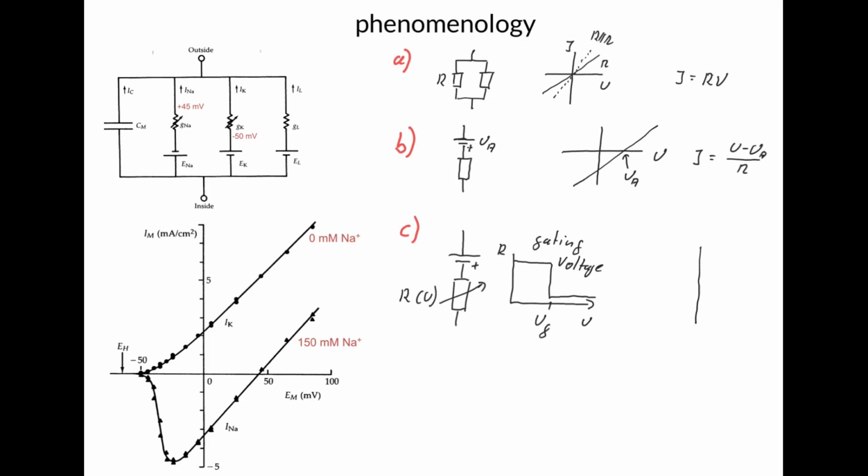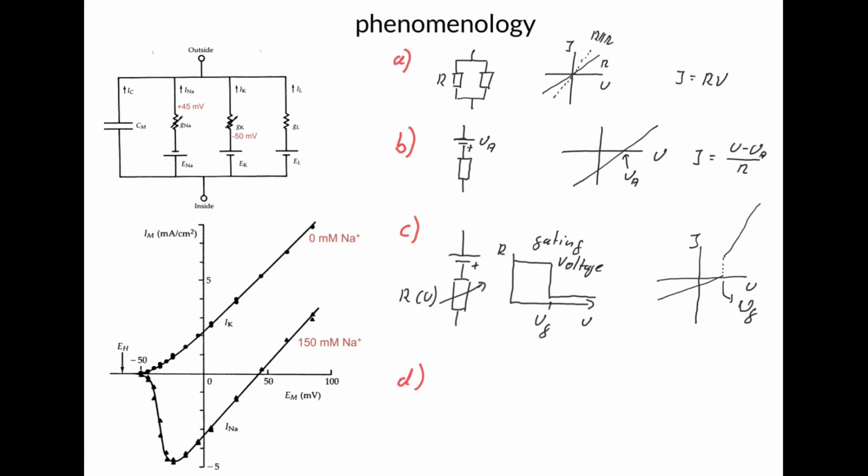Now in such an IV curve, what you would expect in this case is just two linear relationships, so two lines, where the steepness of the line switches at UG. This is a little bit what you see at minus 15 millivolt, what is happening at the high sodium concentration in the graph bottom left.